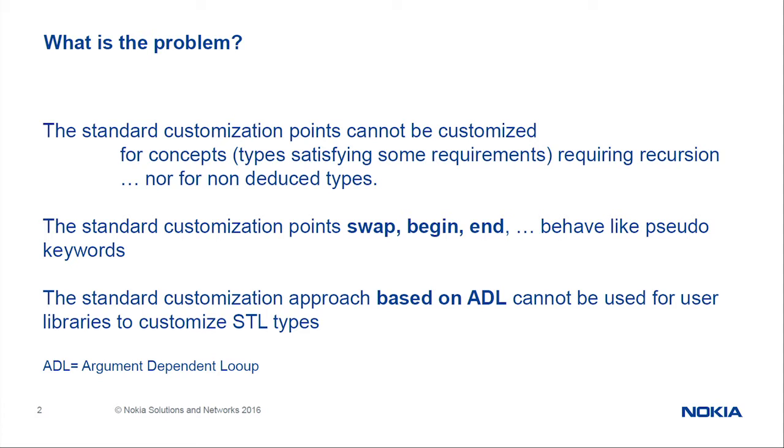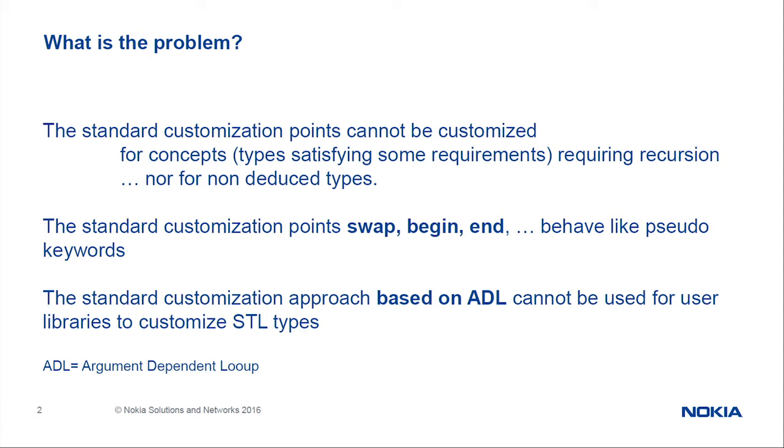The second problem I see is that we have already some customization points in the standard, as swap, begin, end, cbegin, cend, data, and we will have much more. And I believe that the way we are customizing this is in some way as if these words were pseudo keywords.